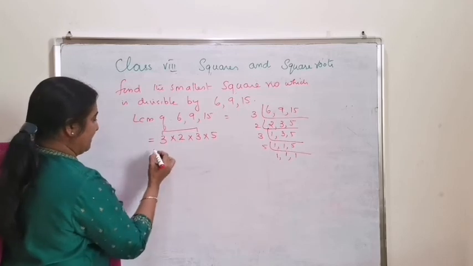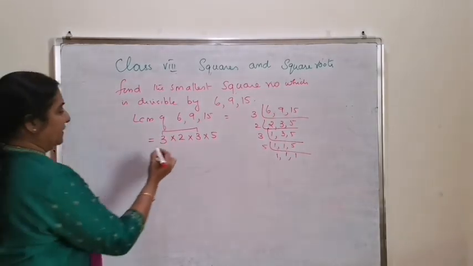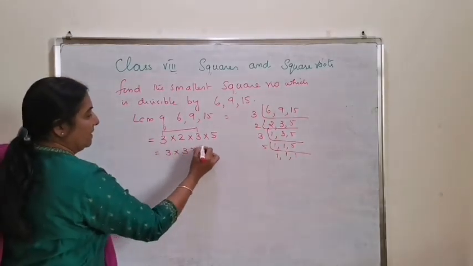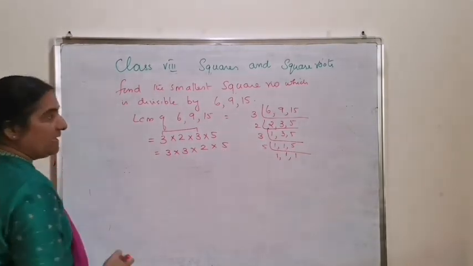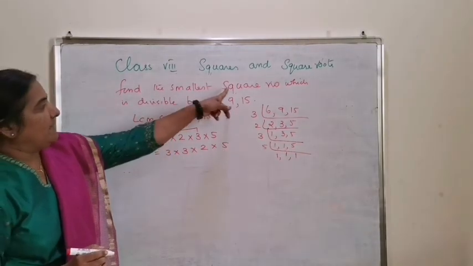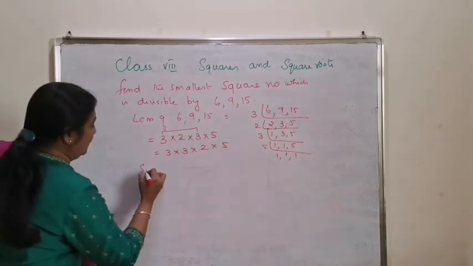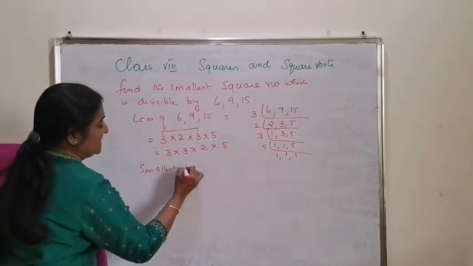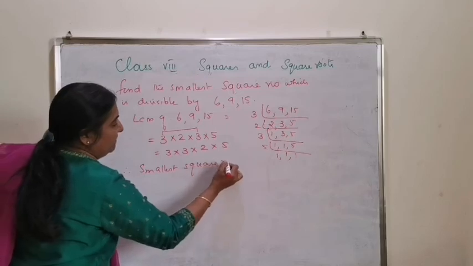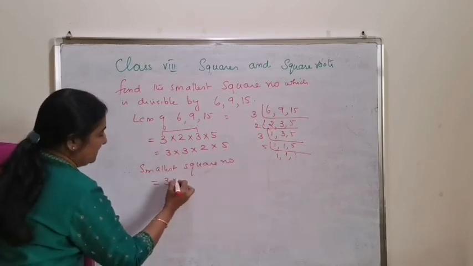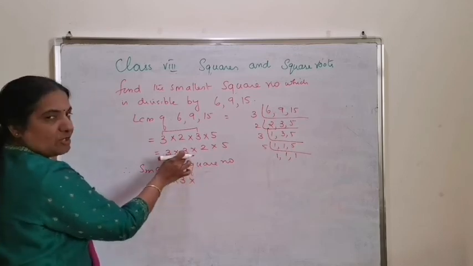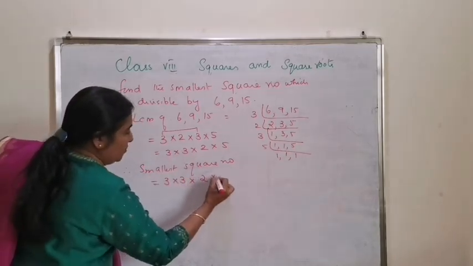That is, 3 is occurring in a pair, into 2 into 5. So what will be the smallest square number? Therefore, the smallest square number will be 3 into 3, which already occurred in a pair, and 2 into 5.